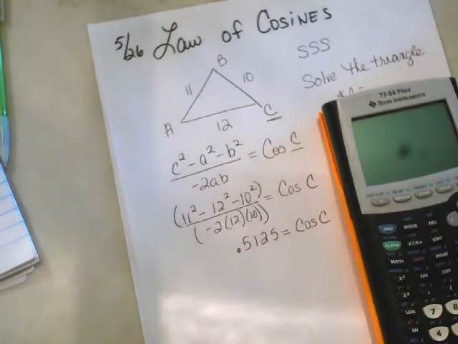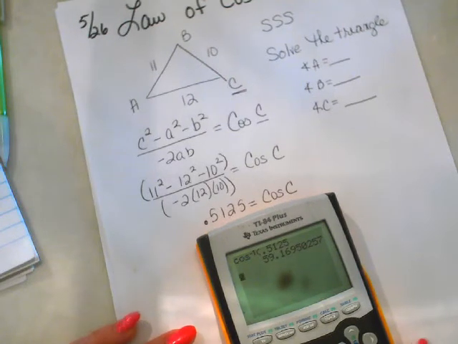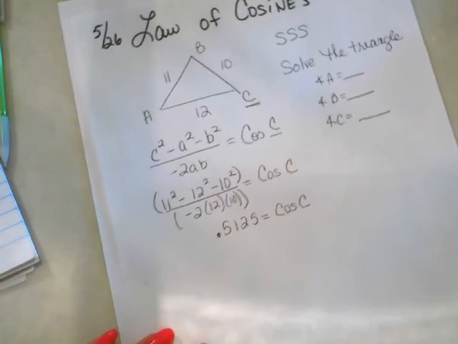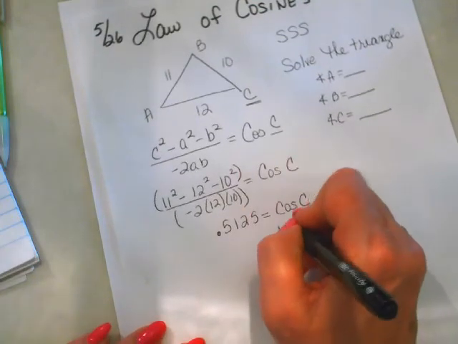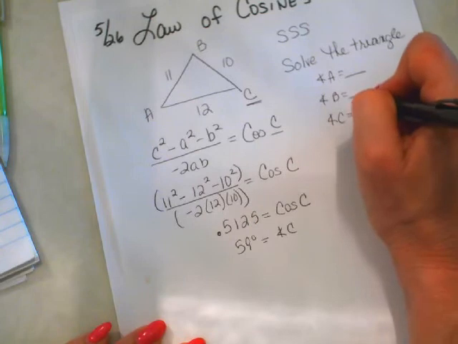So second cosine, and I'll plug in 0.5125, and I'll hit enter, and it tells me it's about, we're going to use whole numbers, a 59-degree angle. So angle C is equal to 59 degrees.